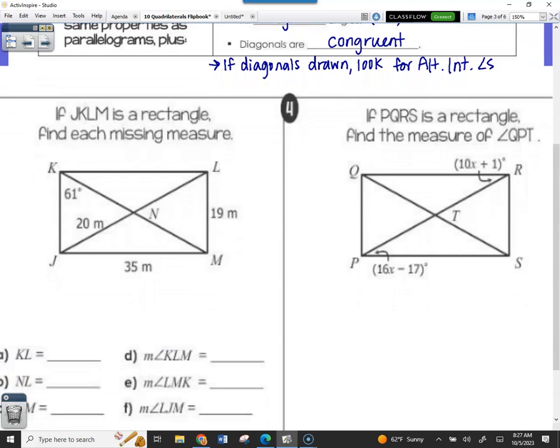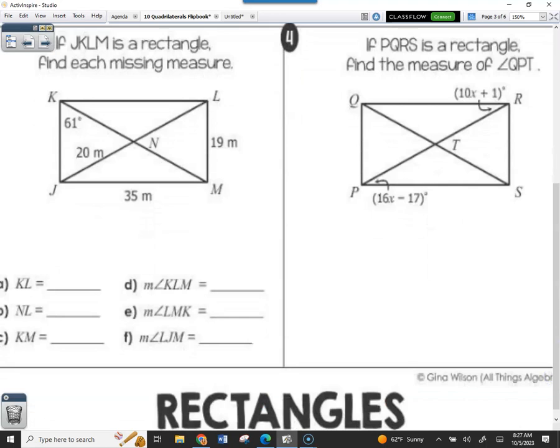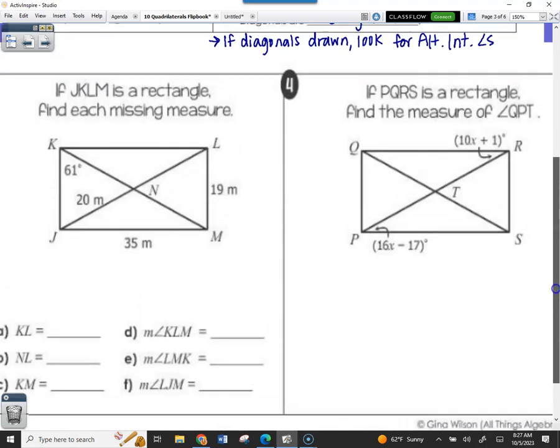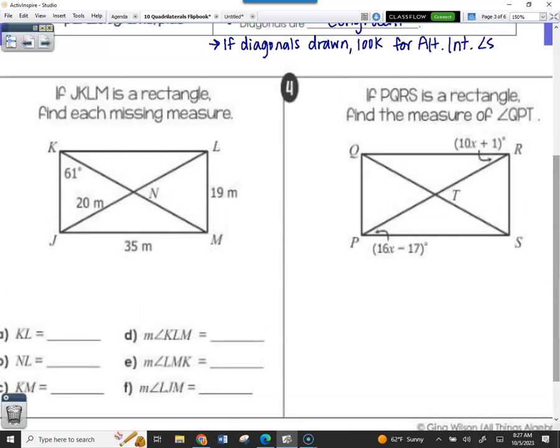Okay, let's do these 2 practice problems. If JKLM is a rectangle, find each missing measure. There's a lot of things going on here, right? So this is another one of those where it helps to look at the picture, label what you can, look at the questions, and ask yourself, what's it actually asking for?